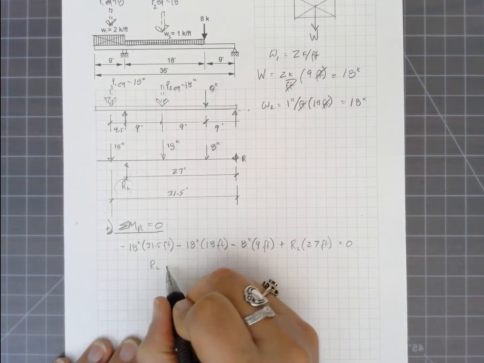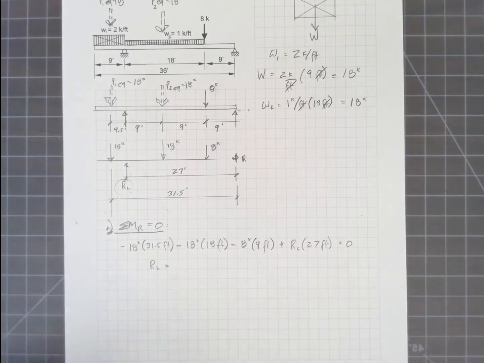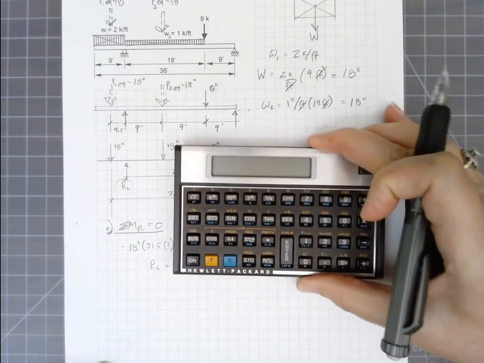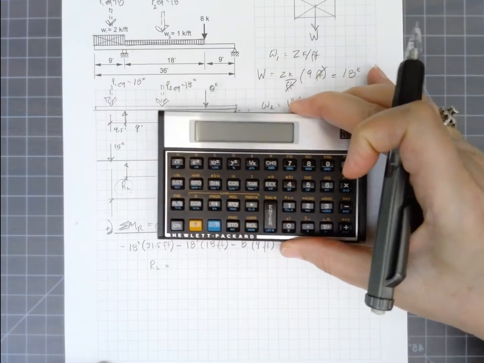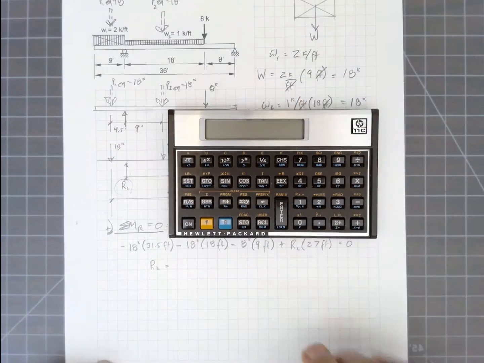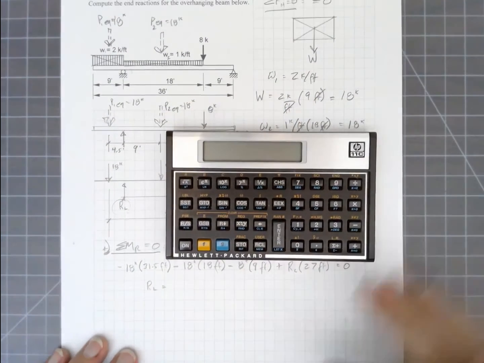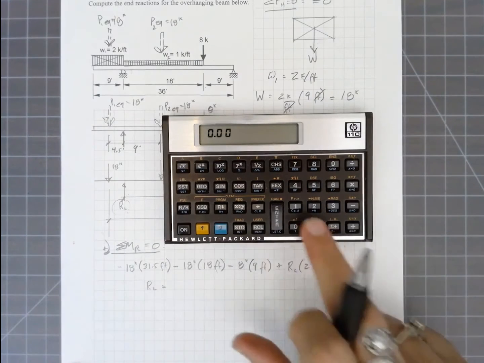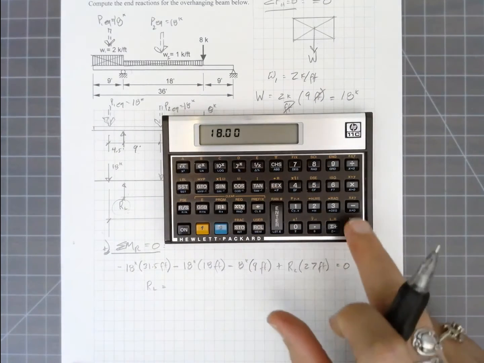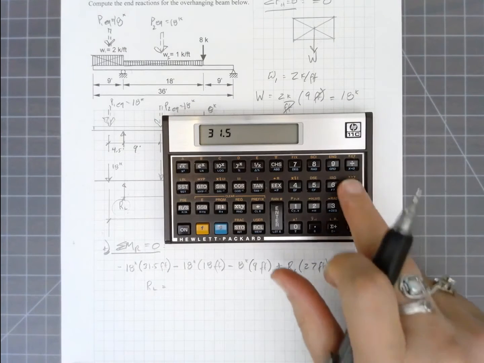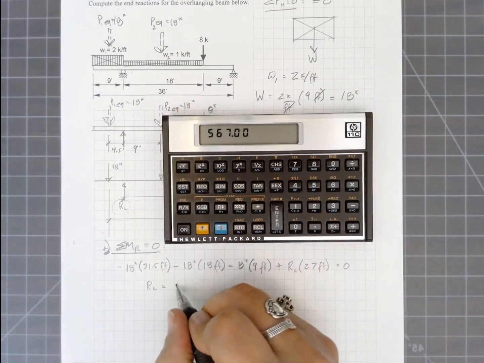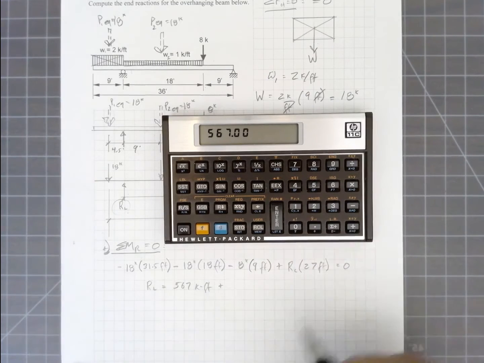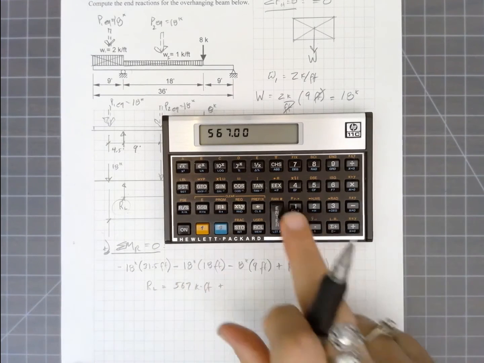We have our left then, see if I can put this where it won't reflect. Right about there. Let's try that. So I've got 18 times 31.5, 567. 18 times 18.